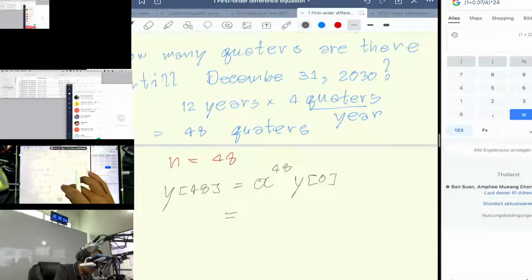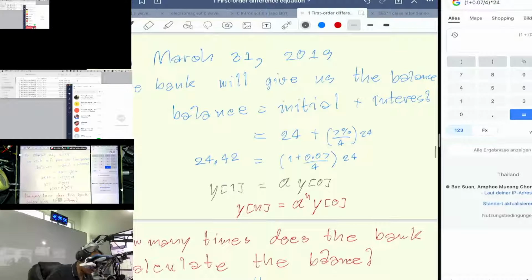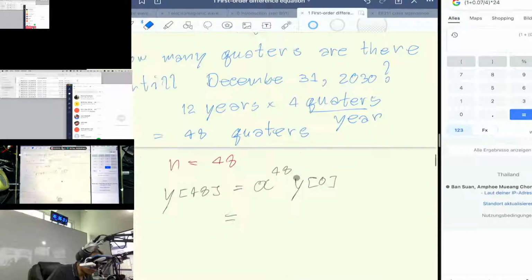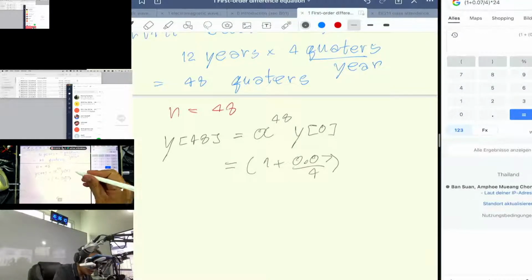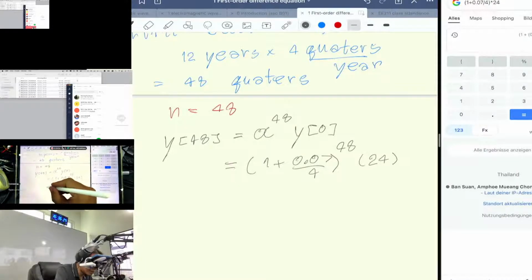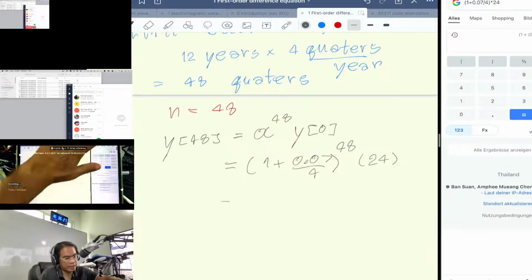But alpha is 1 plus 7% divided by 4, which is 1 plus 0.07 divided by 4, to the power of 48. We leave the initial amount, which is only 24 baht, and we compute it from the calculator.